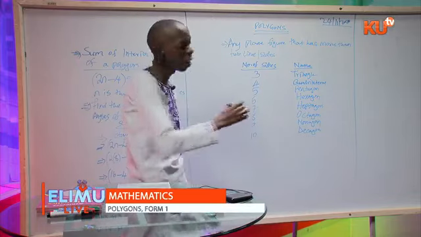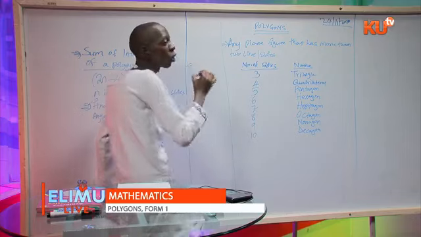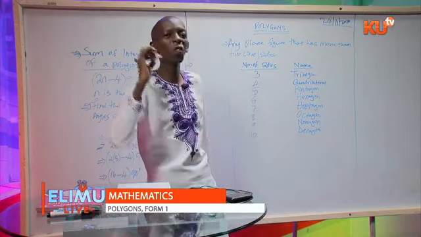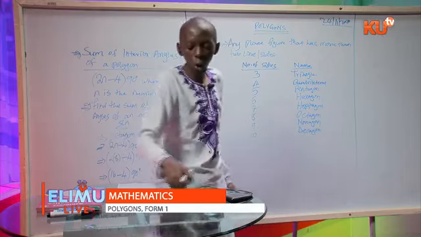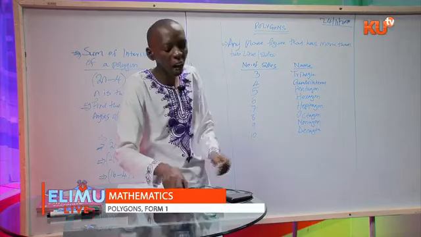The other important thing that you need to note is how you get the exterior angle. Given the number of sides of a polygon, how do you get the exterior angle? Let us look at that.